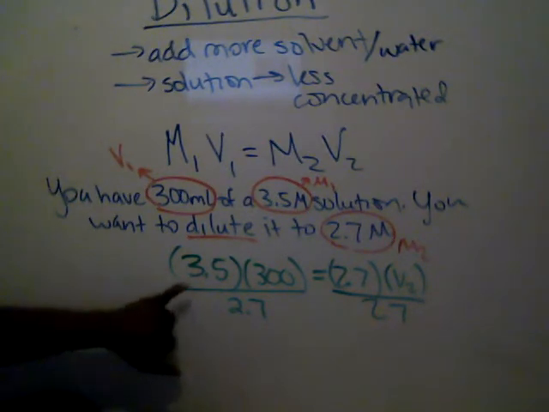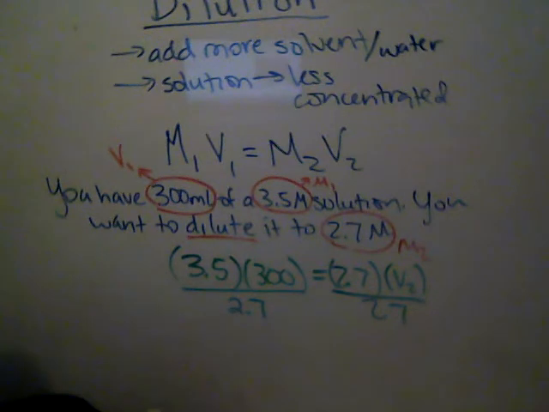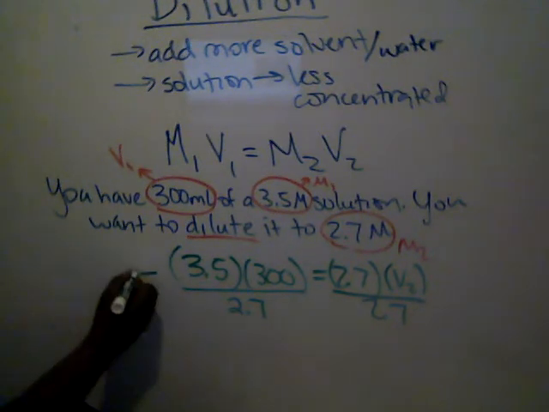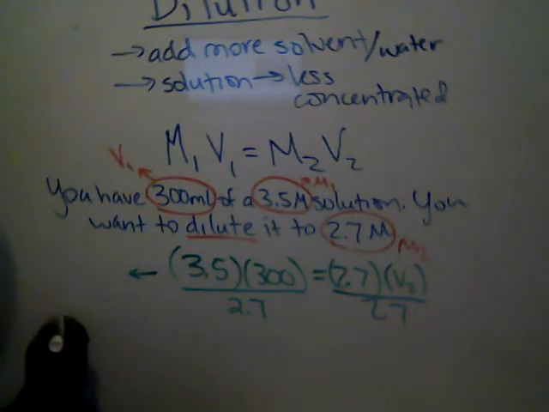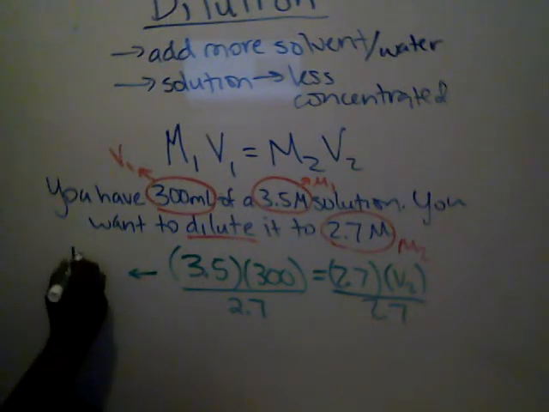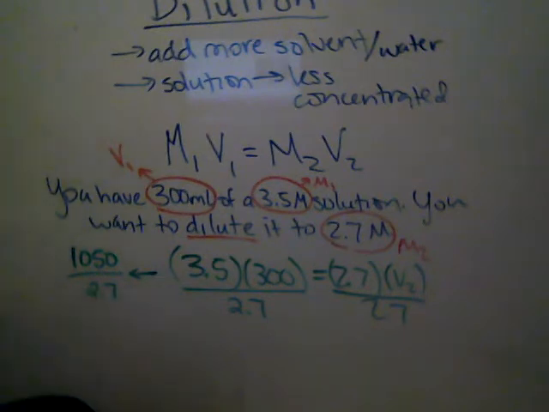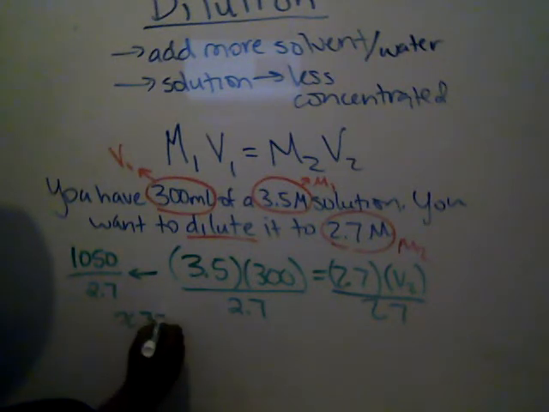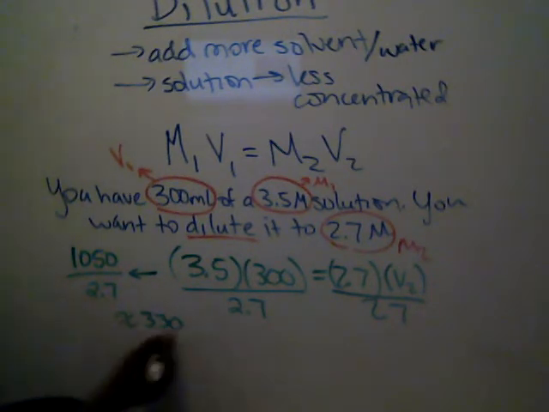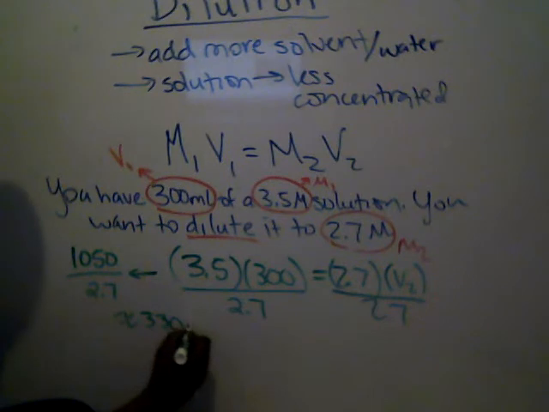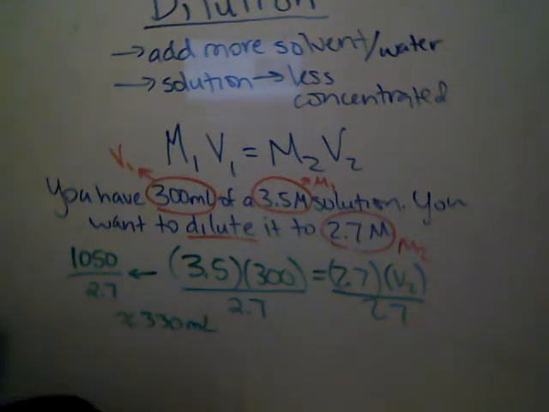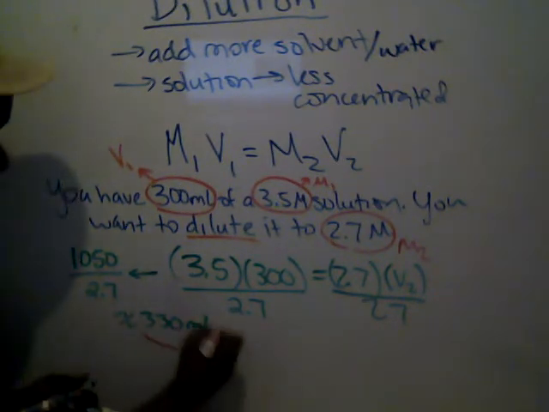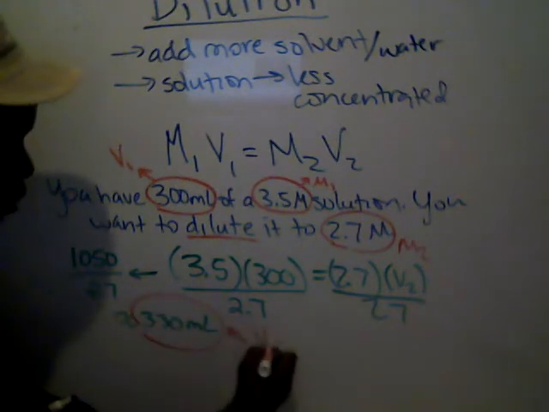So I don't have a calculator, but this ends up being 1050 over 2.7, which is about, let's call it like 330. So like 330-ish, but if you have a calculator, you can find the exact amount. So what that tells us is this value that we just found, that's our V2.